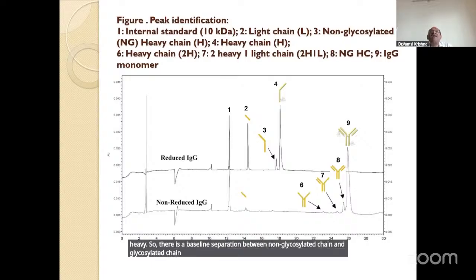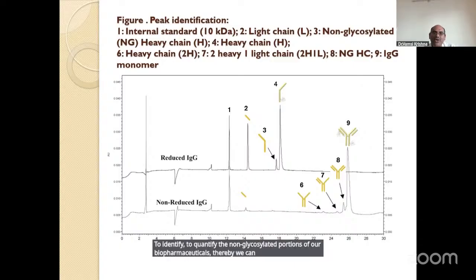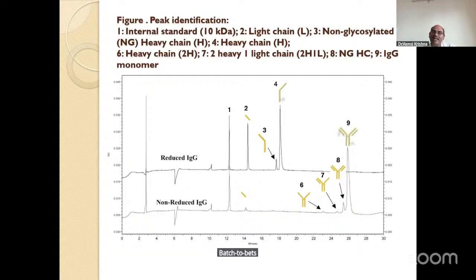Due to this advantage, we perform capillary gel electrophoresis to identify and quantify the non-glycosylated portions of our biopharmaceuticals. Thereby, we can see whether our produced biopharmaceutical is effective, and whether it has batch to batch consistency for the quality control release.